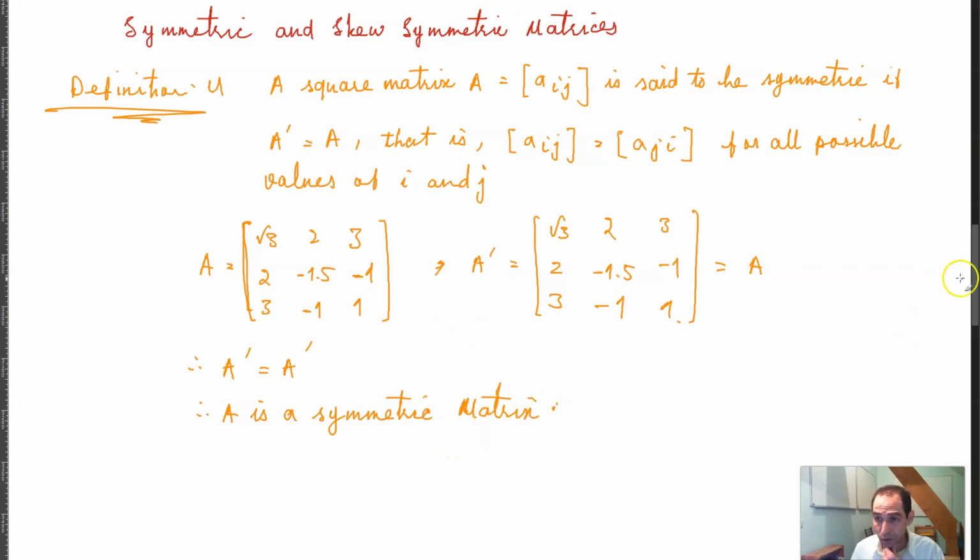Now a skew symmetric matrix has definition 5.